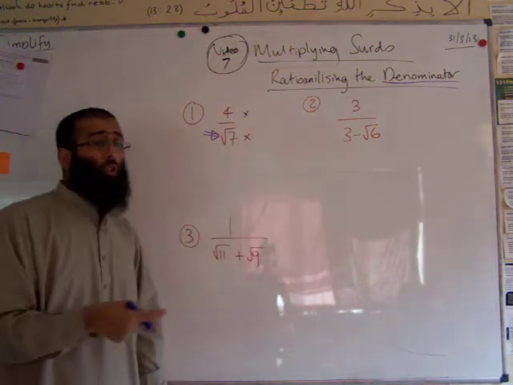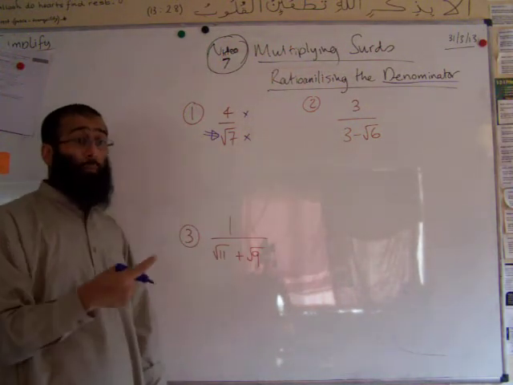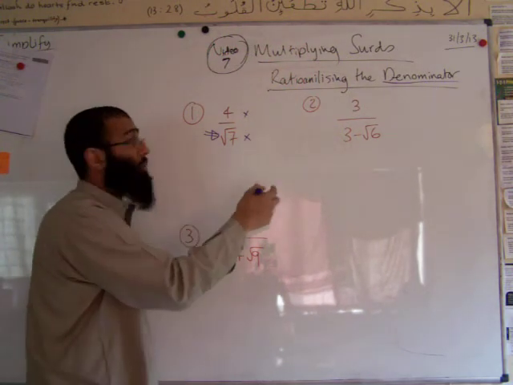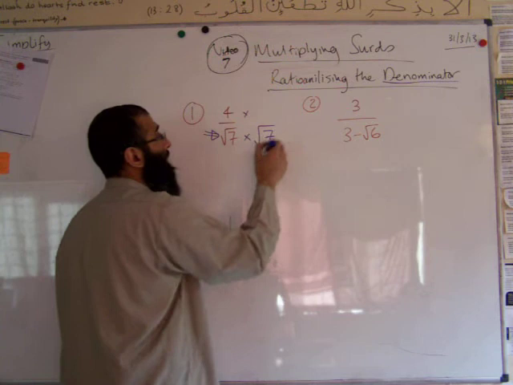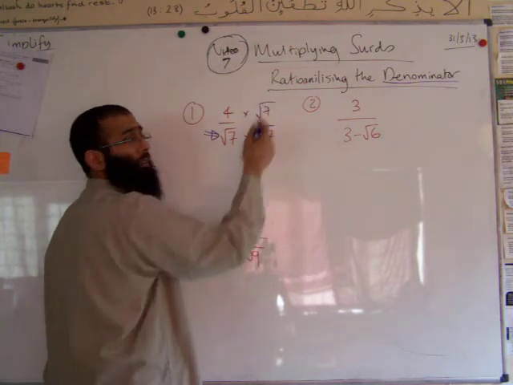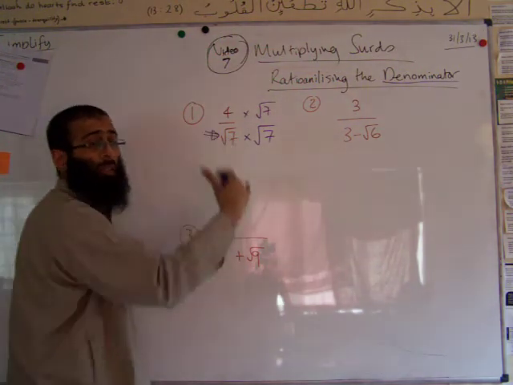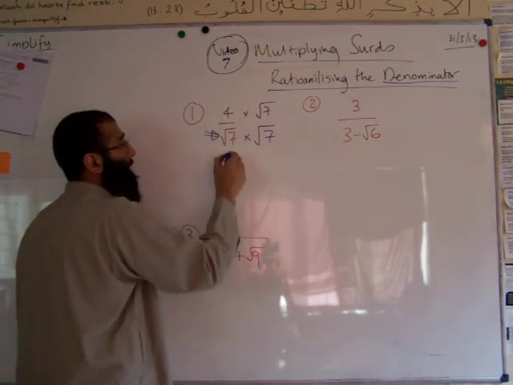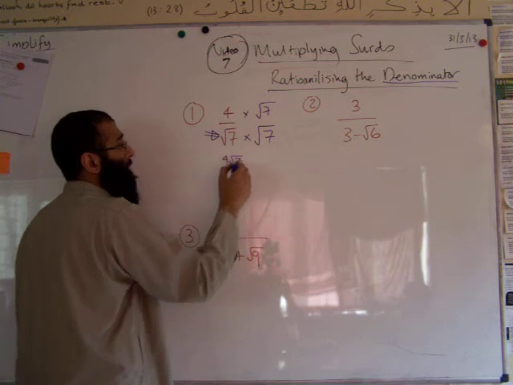So first of all, to rationalize a surd, we multiply it literally by itself. So root 7 has to be multiplied by root 7. What I do to the bottom, I must do to the top, the same rule as with basic fractions, to keep the fraction balanced. So on the top we have 4 root 7.